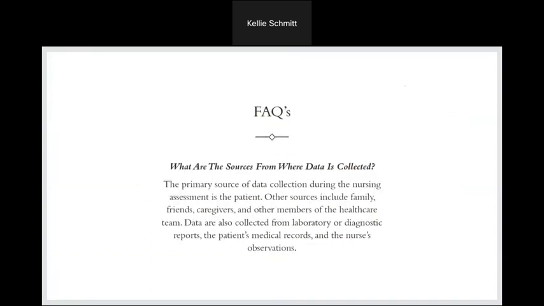What are the sources from where data is collected? The primary source is the patient, but other sources may include the family members, the caregivers, and any other members of the healthcare team. Data can also be collected from lab or diagnostic reports, the medical patient records, and the nurse observations.